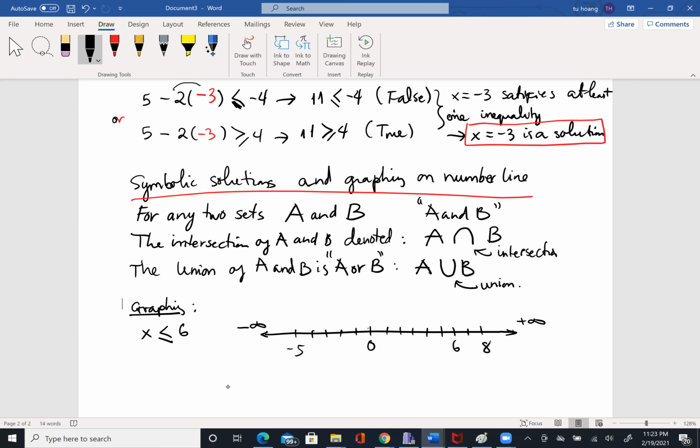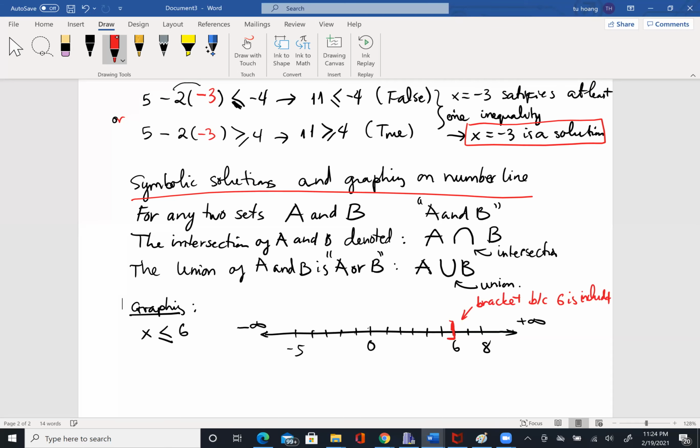In order to graph x less than or equal to 6, let me show you in red. I could have a bracket at 6 here, because 6 is included.